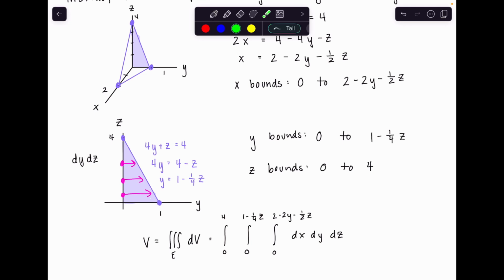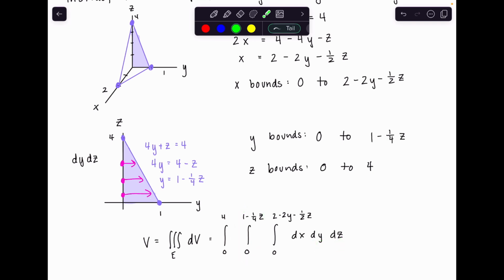And it's a good habit to just double check that your bounds make sense. So again, starting with x, it can depend on y and z, and that's great. I have y and z in my bounds here, but I don't have an x. Y can only have this remaining variable z, and it does.